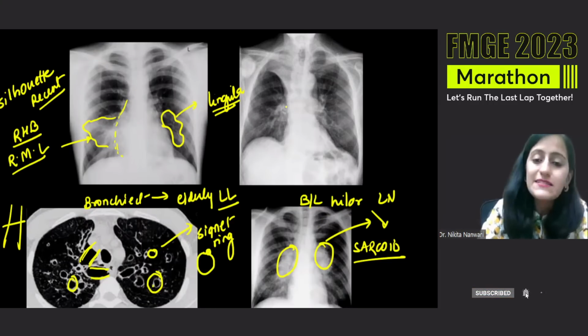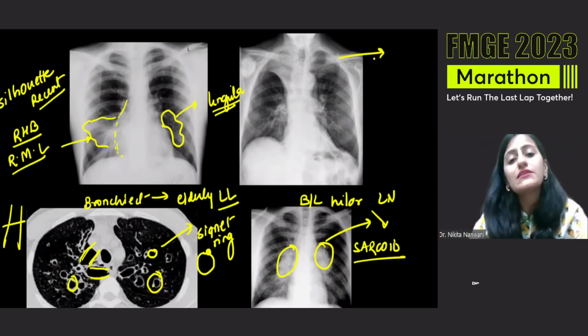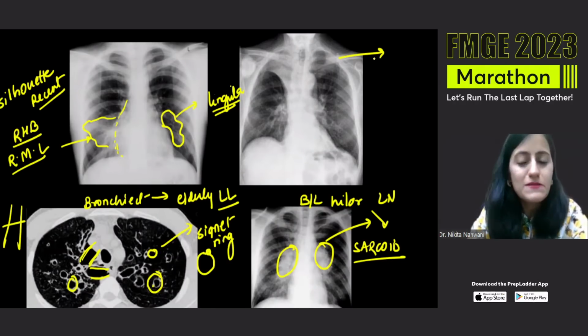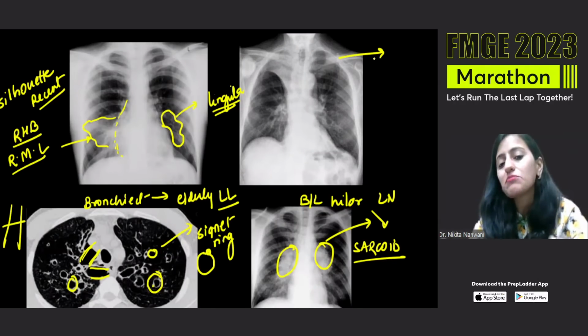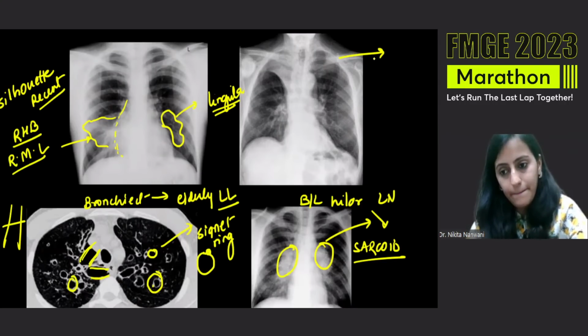Okay. Next one, tell me, what do you think is the diagnosis in this image? Is it the right upper lobe collapse, right upper lobe consolidation, right middle lobe collapse? What do you think is this image showing, the upper one? Very good. Amazing. So you guys have already become like half radiologists.